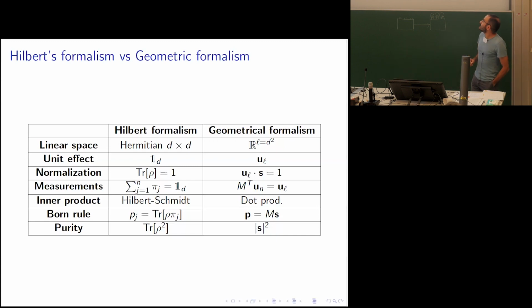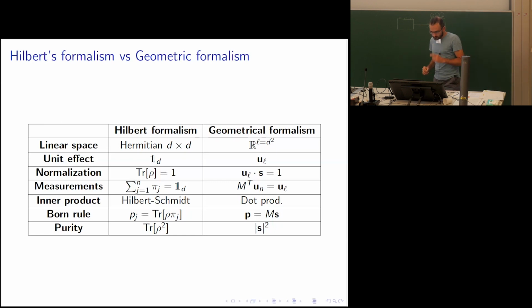Well, the Hilbert space formalism, in my opinion, is very useful because it allows you to treat analytically the characterization of the state space as the set of positive semi-definite operators. So positivity is very easily represented in the Hilbert space formalism. Here I wrote a kind of translation dictionary between the two formalisms.